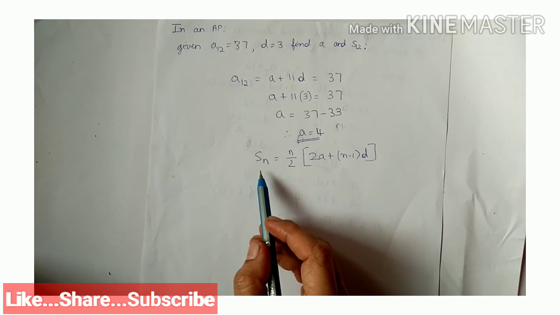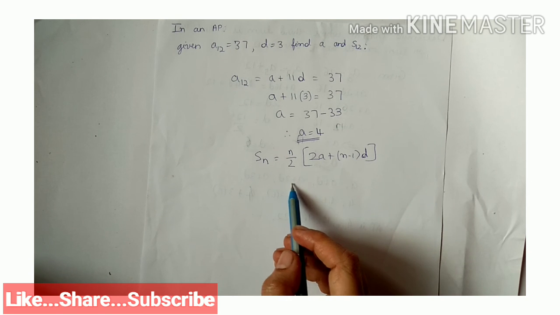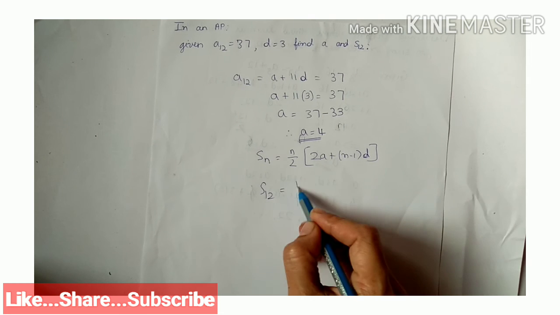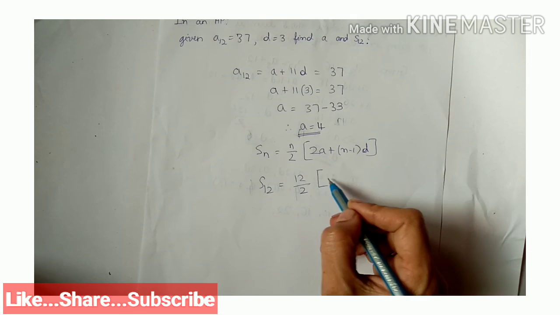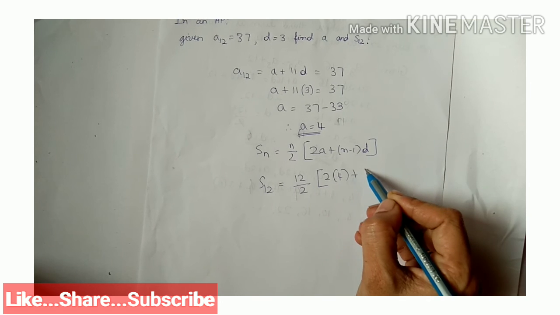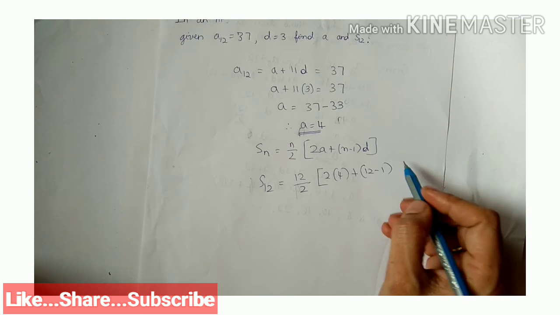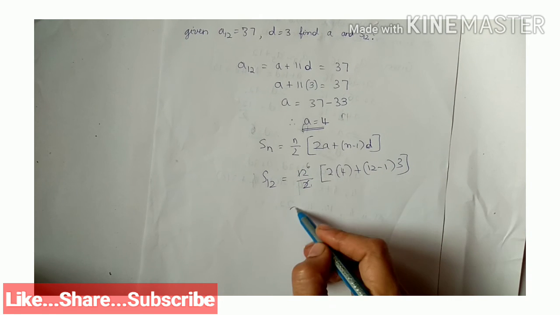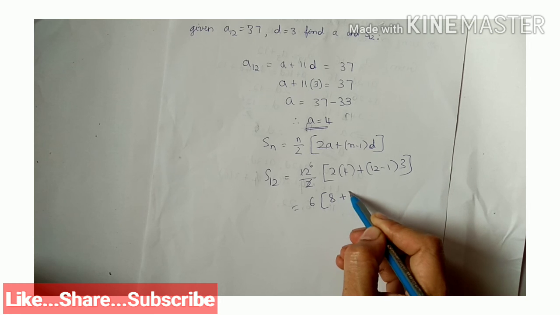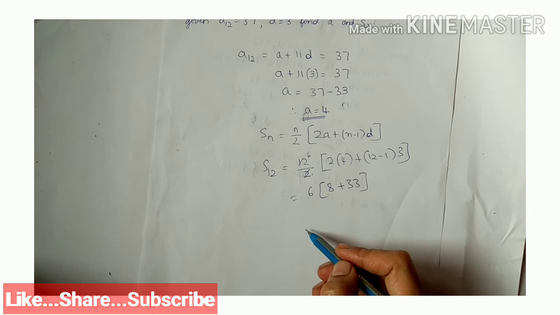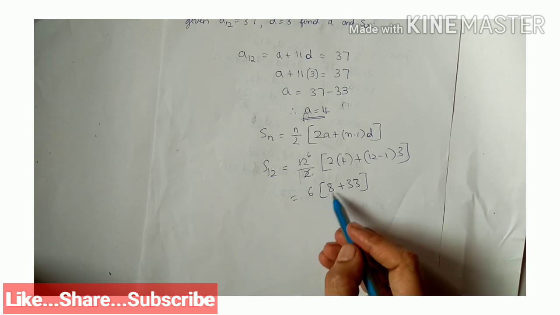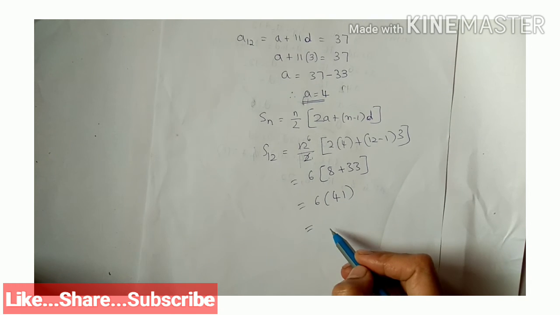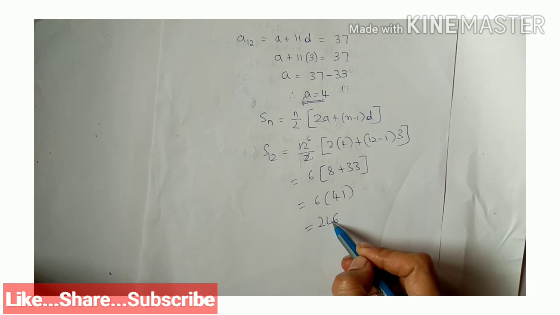We know that the sum of first n terms, S12, is equal to 12 by 2, into 2 into a, 4, plus 12 minus 1, d is 3. 2 fours are 8, 12 minus 1 is 11, 11 into 3 is 33. 33 plus 8 is 41. 41 into 6 is 246.